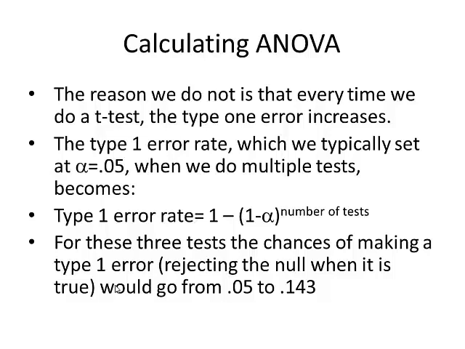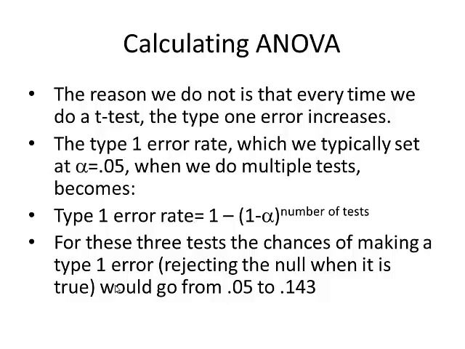And if you work that out for 3 tests, then the chances of making a type 1 error, and remember that means rejecting the null when it is true, so saying that there are differences when there actually are not, would go from 0.05 to 0.143.